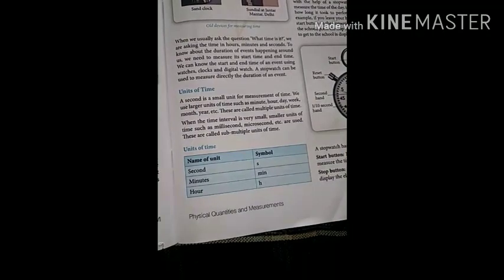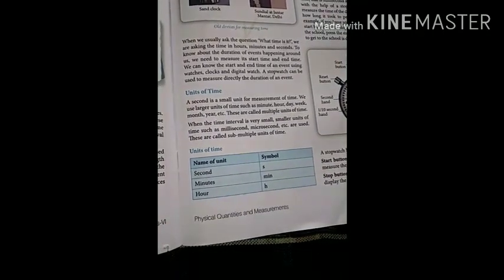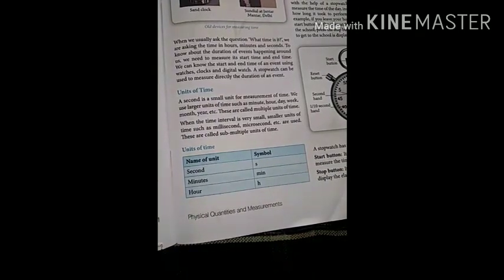These are called the sub-multiple units of time. Remember, the standard unit of time is second. Multiple units of time are minute, hour, day, week, month, year, and sub-multiple units of time are millisecond, microsecond, nanosecond, etc.